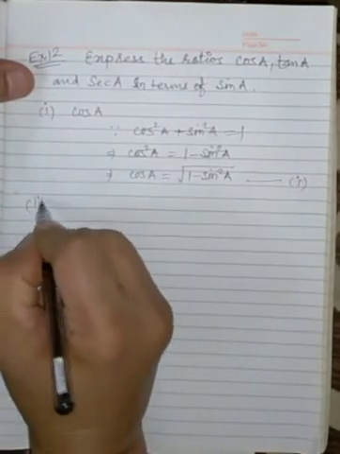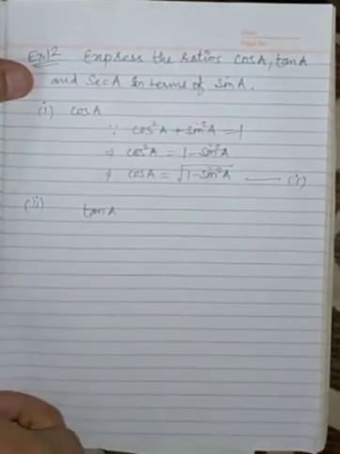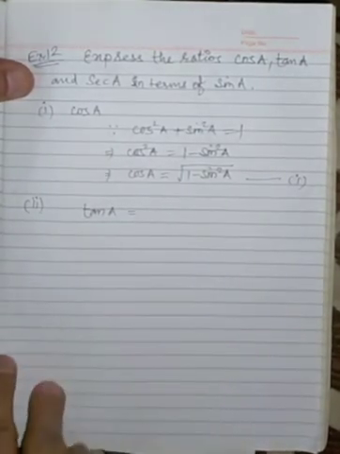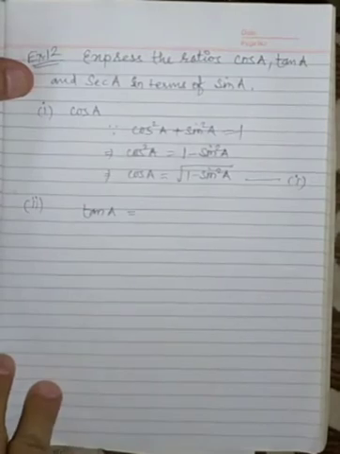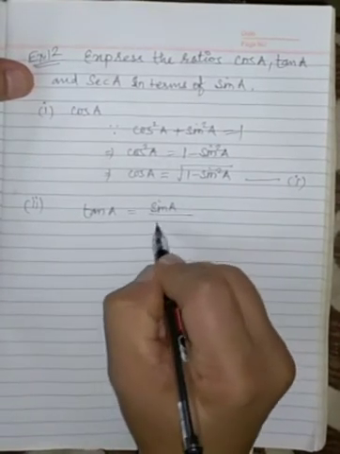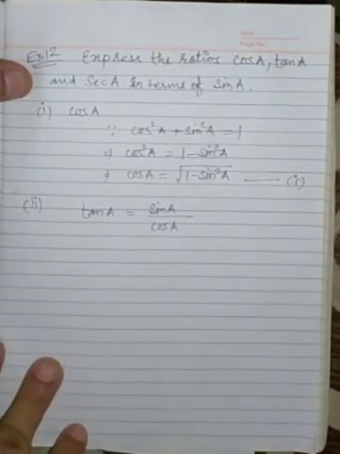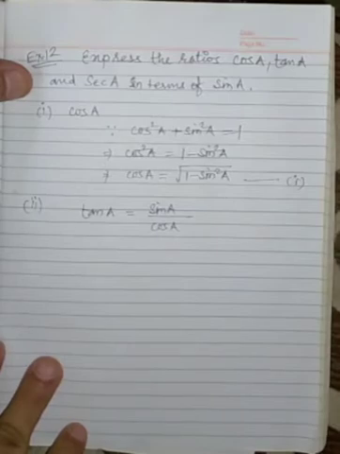Second thing which we have to prove is tan A. So tan A we have to write in terms of sin A. Now we know that tan A is equal to sin A upon cos A, which we studied in trigonometric ratios.